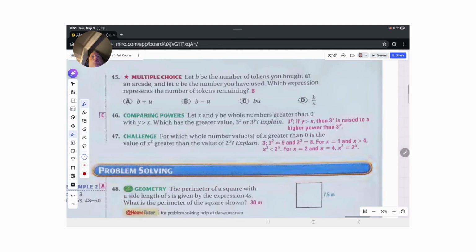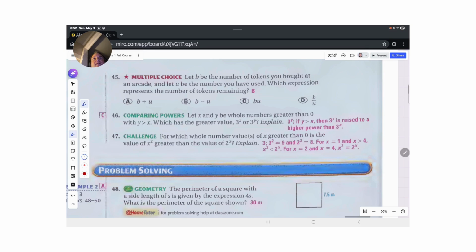All right, let's take a look at 45. This is another multiple choice question. Let B be the number of tokens you bought at an arcade and let U be the number you have used. Which expression represents the number of tokens remaining? All right, so remaining means start amount minus amount used.